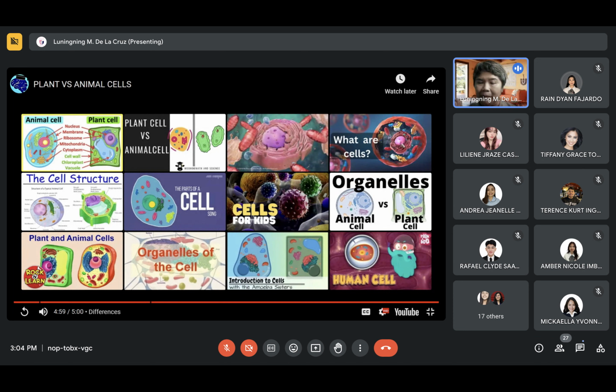To protect the plants and to support the plants. Okay, so the cell wall gives the plant a rigid shape. So that rigidity is very important for the plant for protection. And you are right.